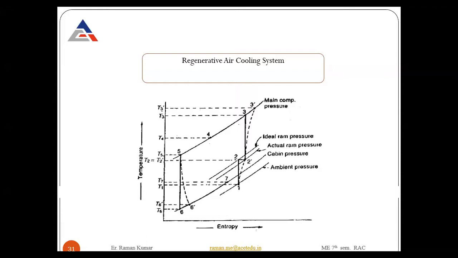When it takes the heat load and its temperature increases up to 7, then it will be supplied again to the atmosphere. So this process is repeating again and again. New fresh air is coming inside, and after taking the heat load from the cabin, it will again be supplied to the atmosphere. Okay, so this is all about the diagram of the regenerative type air cooling system.